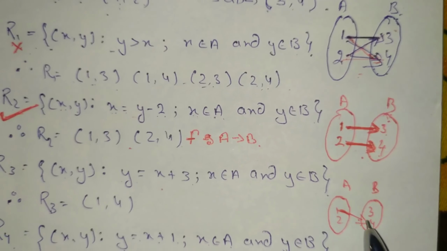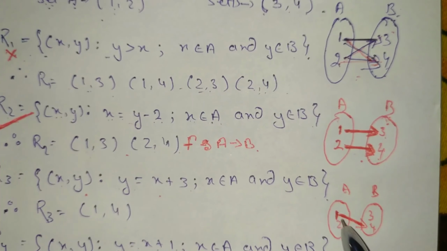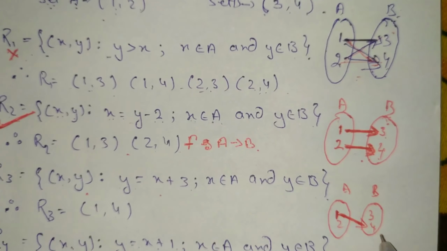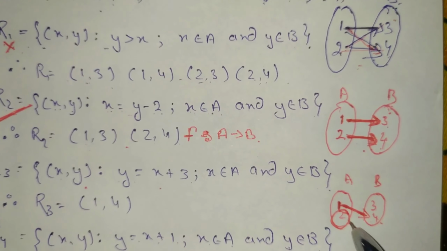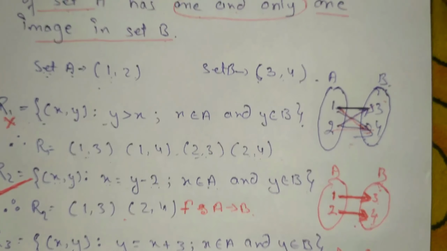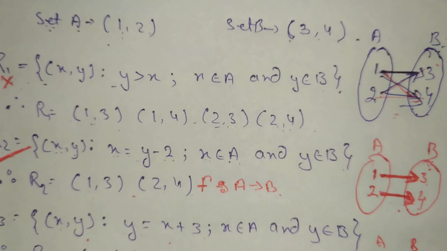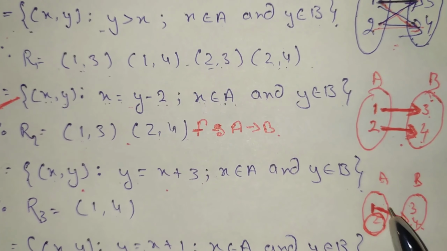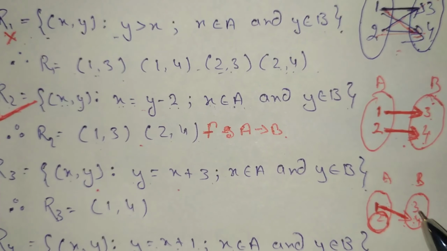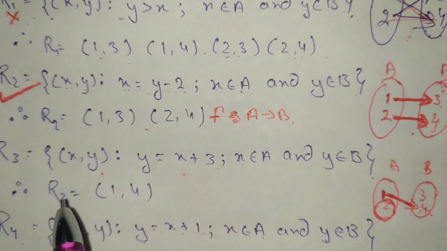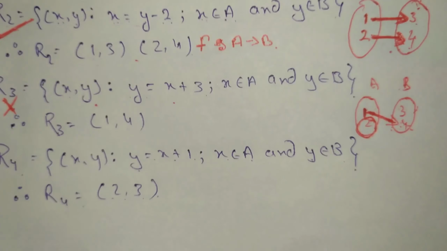According to the definition, a relation is said to be a function when every element of set A has one and only one image in set B. So here we can see that element 1 of set A makes one and only one image in set B, but element 2 of set A is not making any image in set B. We have learned in our definition that this must hold for every element of set A. Here one element of set A makes an image with an element of set B, but another element of set A does not make any image in set B. Therefore, R3 is also not a function.